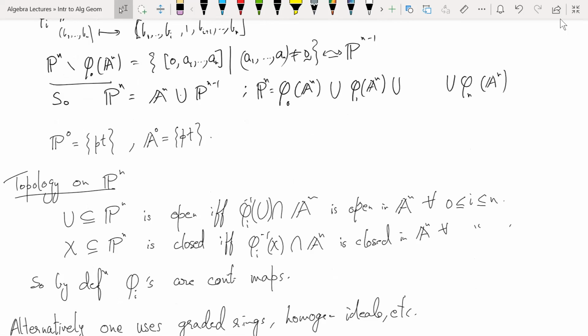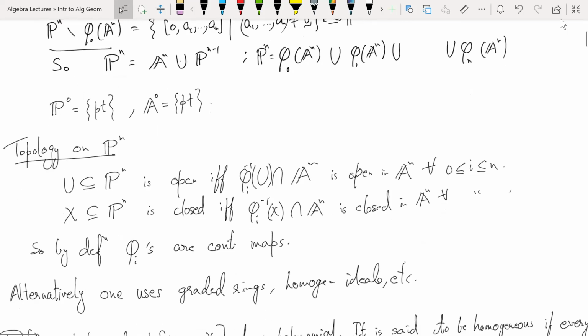This is one way of giving a topology on a set whose pieces have a natural topology. With the quotient topology we do something similar; it's in that philosophy.